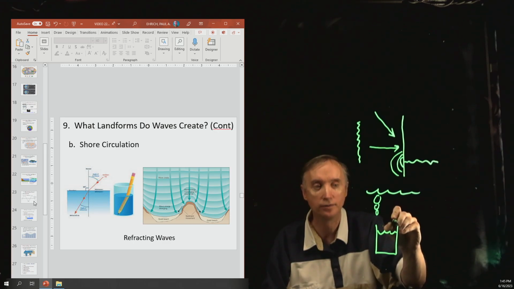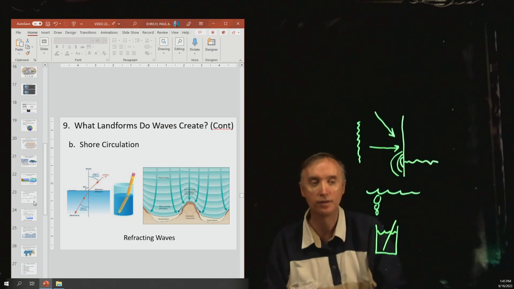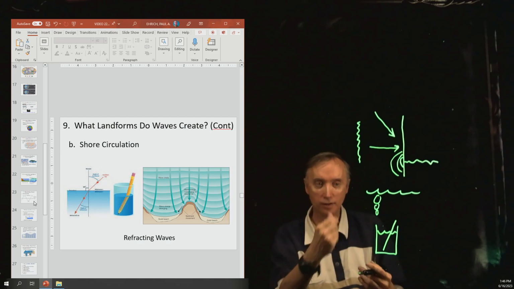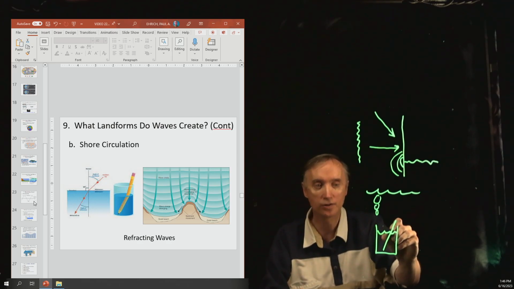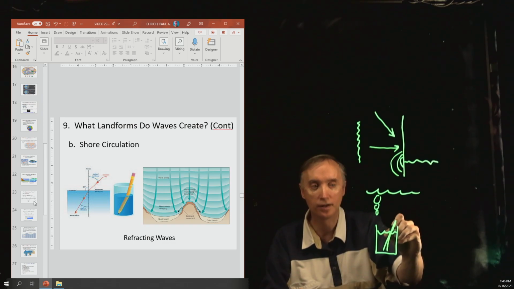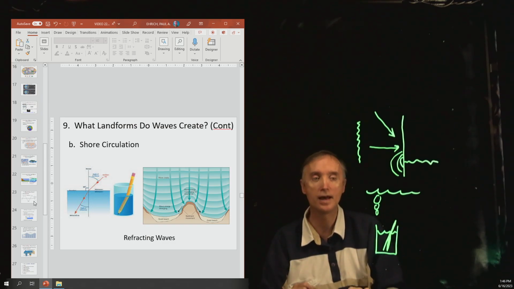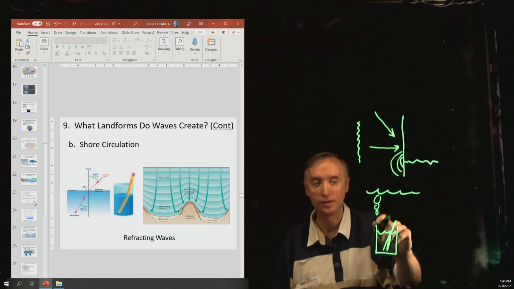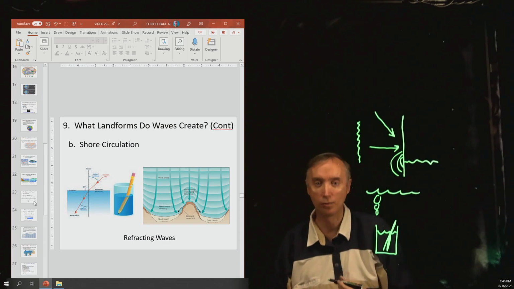The straw really is straight. But when you look at the water, it looks as though the straw has been bent like this. That is called refraction. In this case, it's the bending of light caused by the water.